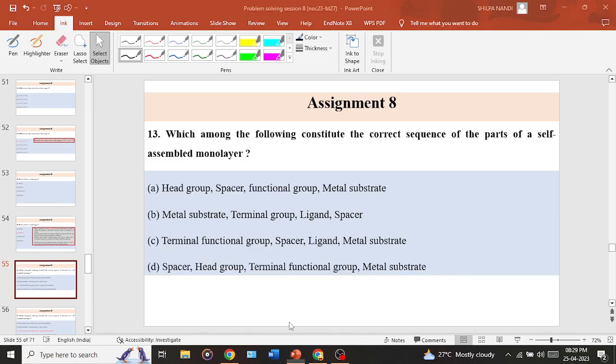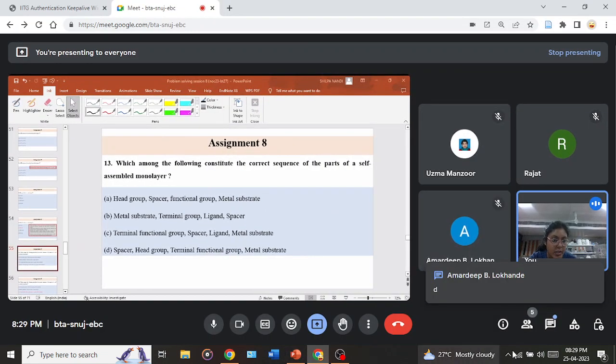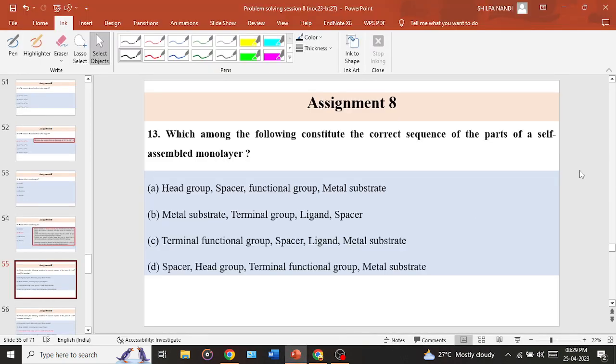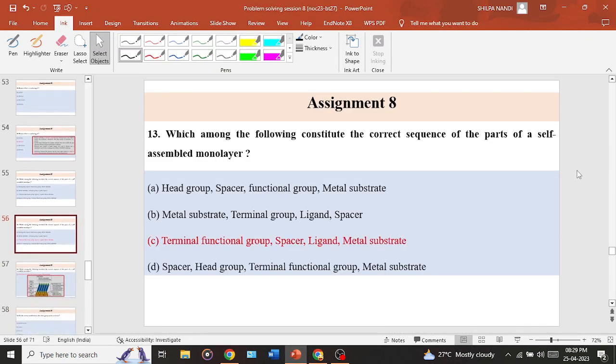So actually, I am getting something. So D. So you're saying D, that is spacer, head group, terminal functional group, and metal surface. So actually D is not the correct option. We will look forward to it and understand why D is not the correct option.